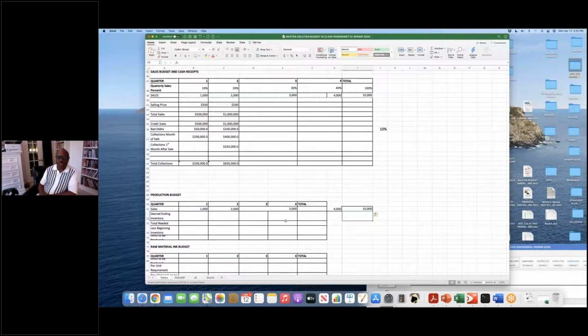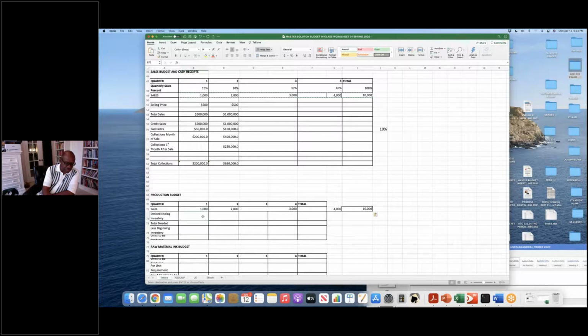Now, what's our desired ending inventory on your budget? It says 50% of next month's sale. So you've got to produce what you're selling now plus 50% of next quarter, because you've got to have something on hand.